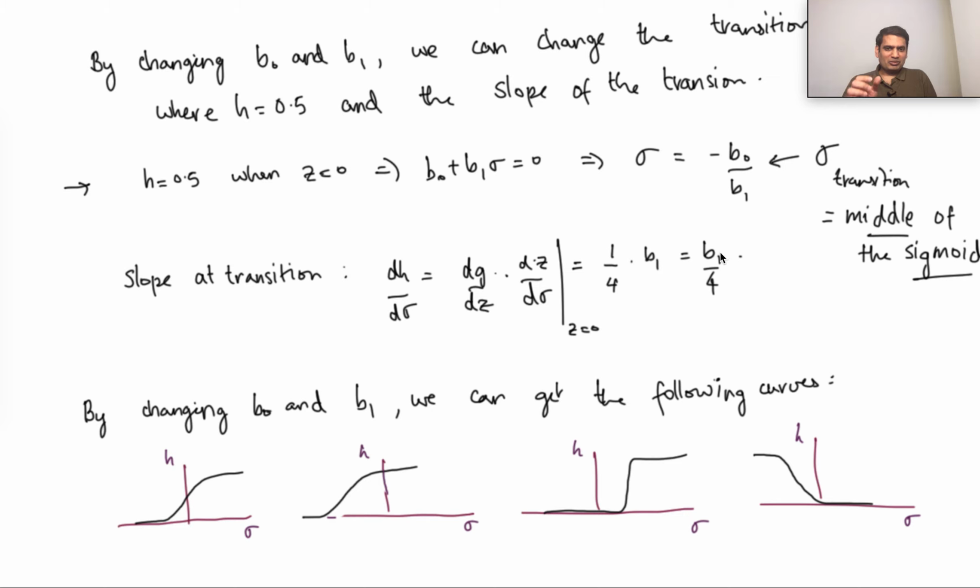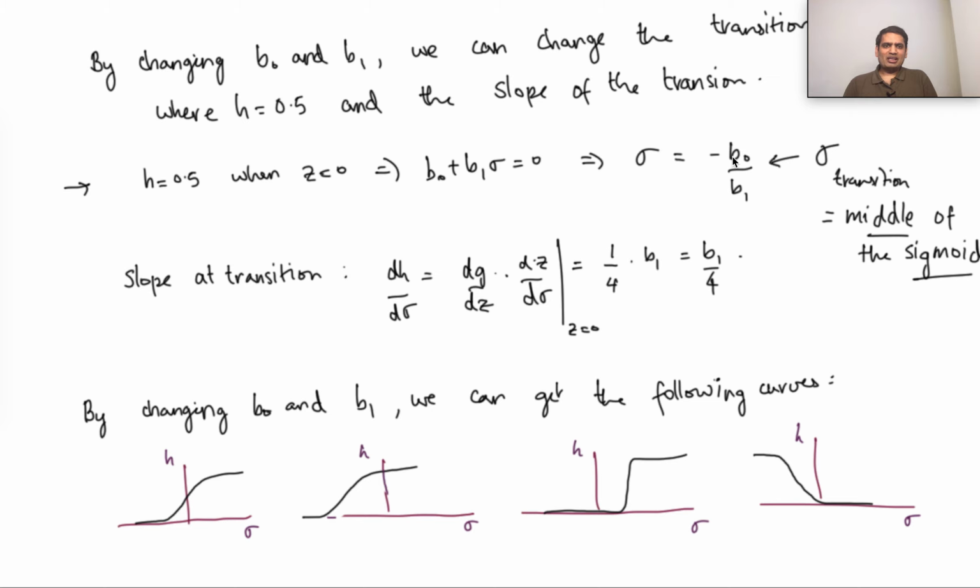So just by changing b naught and b1, you can make the sigmoid very steep or very shallow. You make it very steep by making b1 closer and closer to infinity, and very shallow by making b1 closer to 0. You can also make b1 negative, which gives curves that go the other way, from 1 to 0, so that the slope is negative.